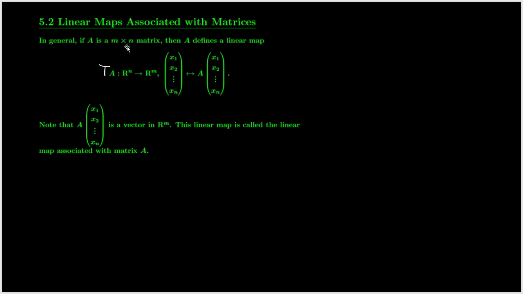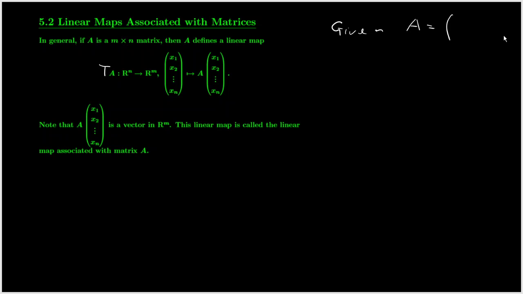An m by n matrix, a matrix with m rows and n columns, determines a linear map from Rn to Rm. Now, for instance, if I give you a 2 by 3 matrix, I'm going to use A to denote the given 2 by 3 matrix.